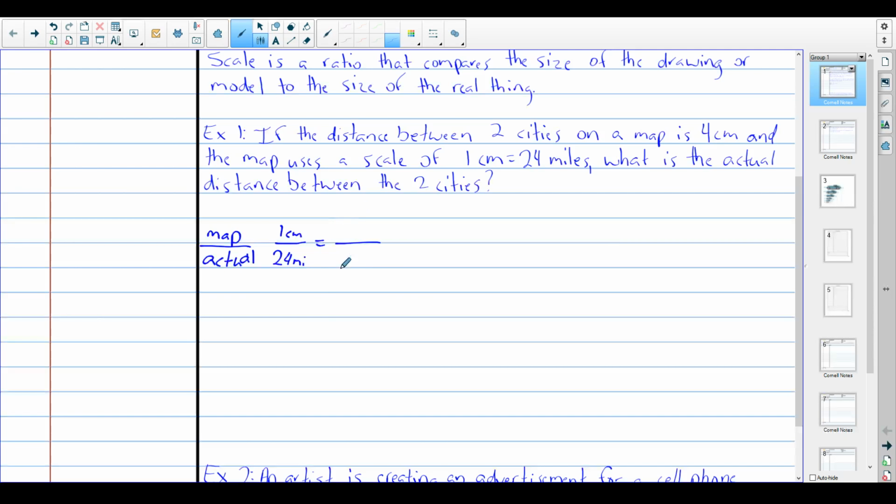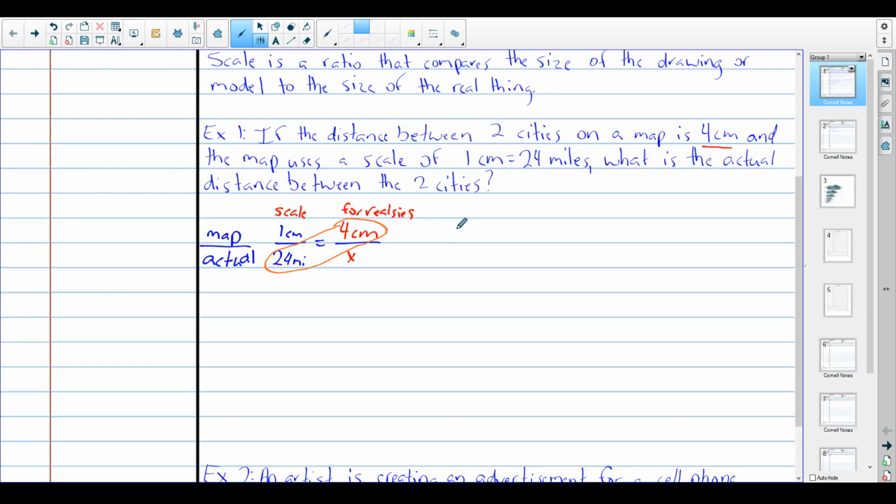And on the right side of our proportion, we put what we actually care about. The distance we care about is 4 centimeters, so what is the actual distance? The left side is always going to be the scale, and the right side is always going to be the real, what we care about. Then once we have our proportion, same as always, just cross multiply and divide.